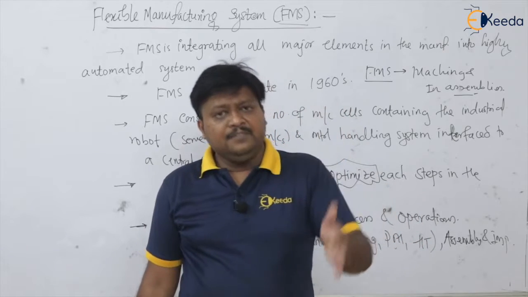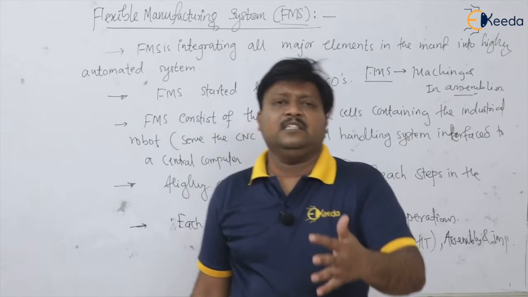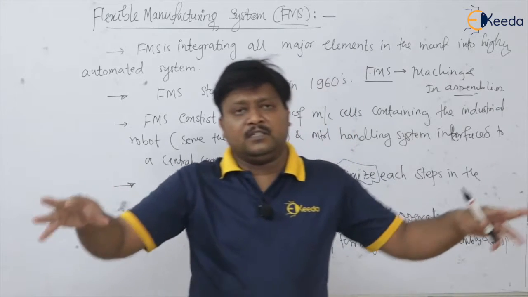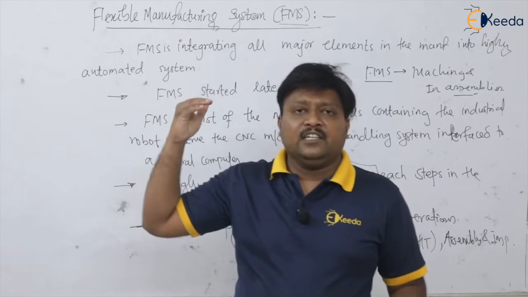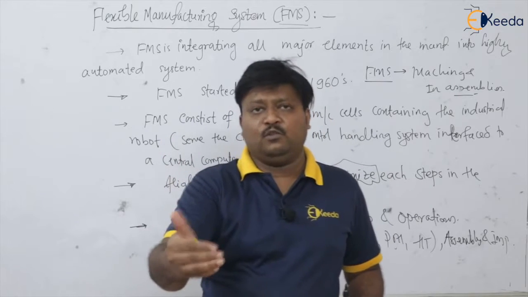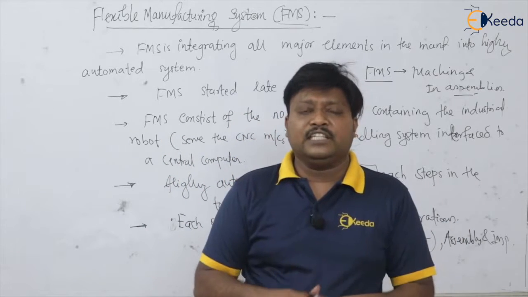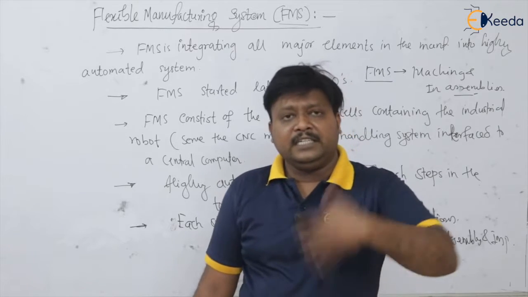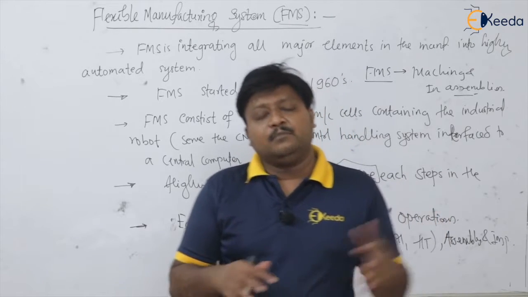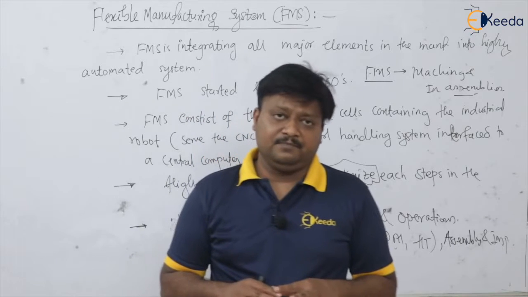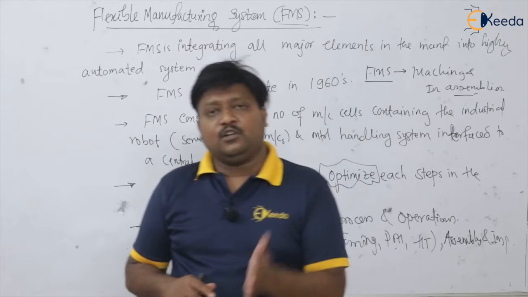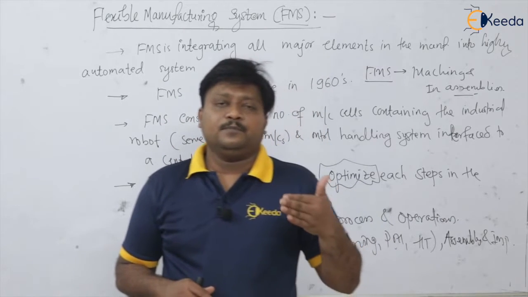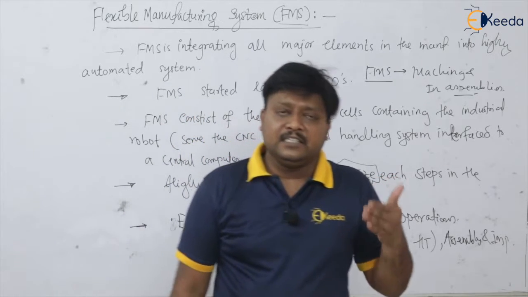In DNC, we know that many CNC machines are controlled by a central host computer through telecommunication wires. Same thing here, but the addition is that the material handling is fully automated. So DNC plus automated guided vehicles gives us the flexible manufacturing system.